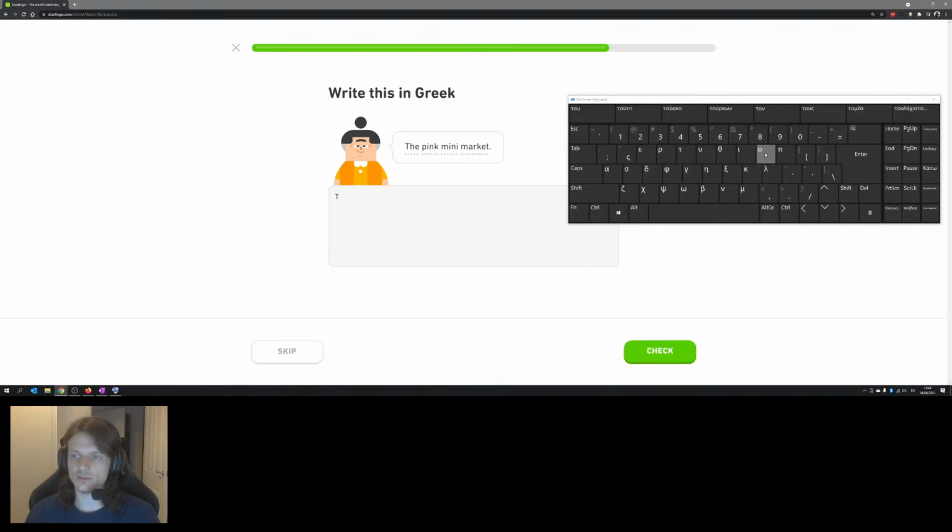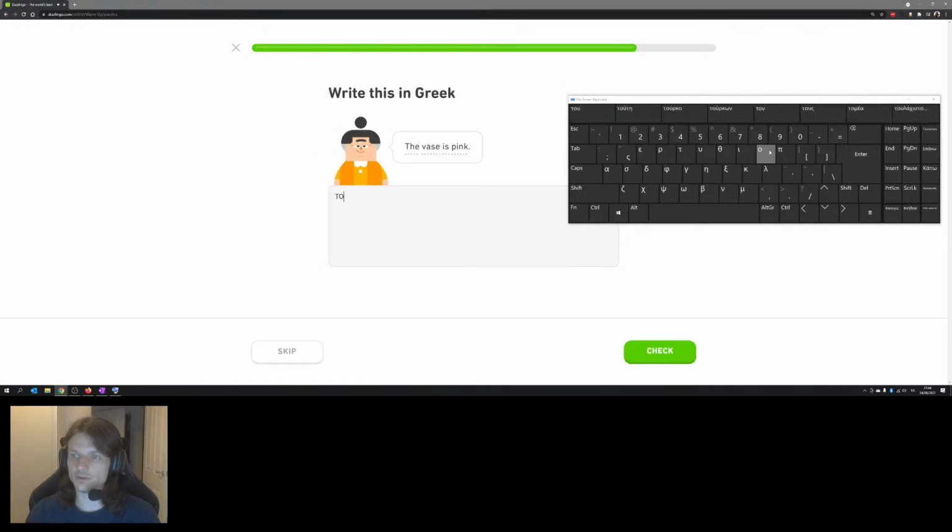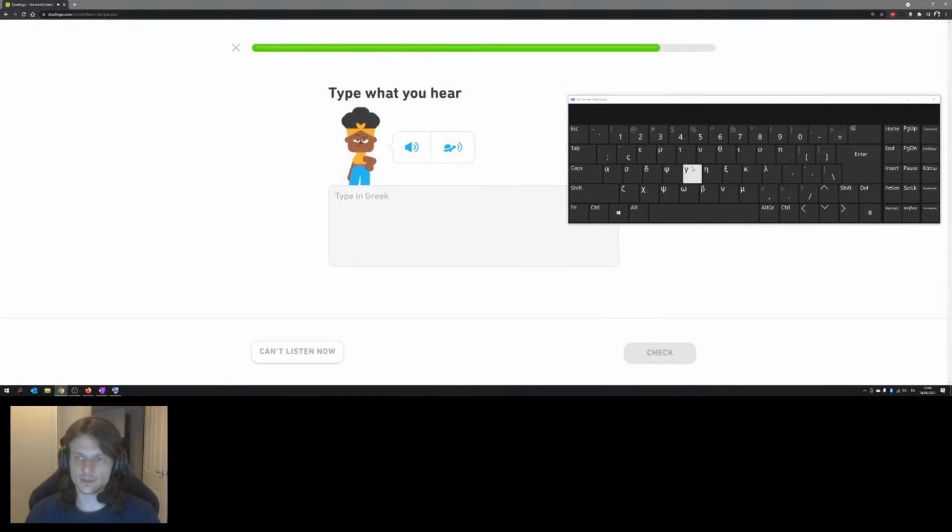The pink to rose. Mini market. The vase to vaso. Είναι rose. The vase. Yes, that's right. Το αβοκάντο είναι ροζ.